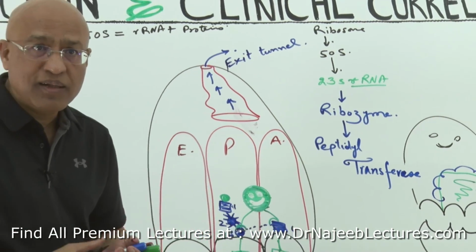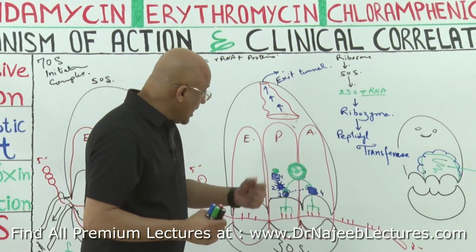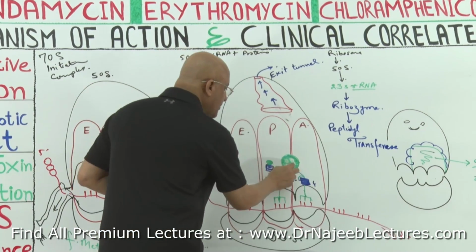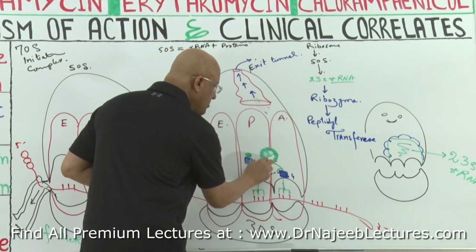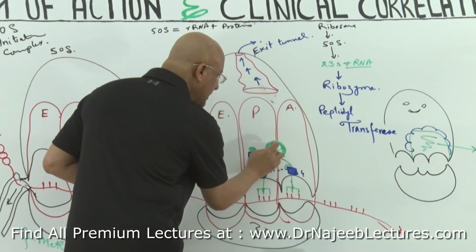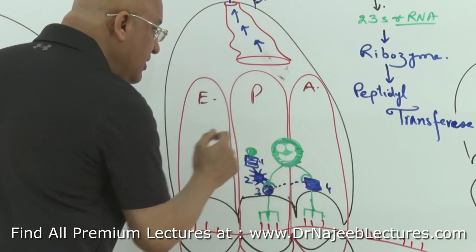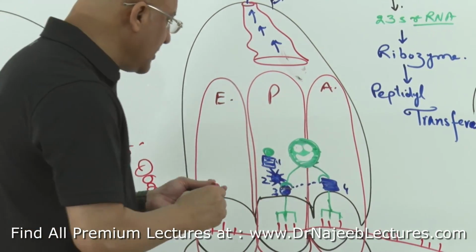So this is our ribozyme, this is our 23S subunit. Yes, what else is it?